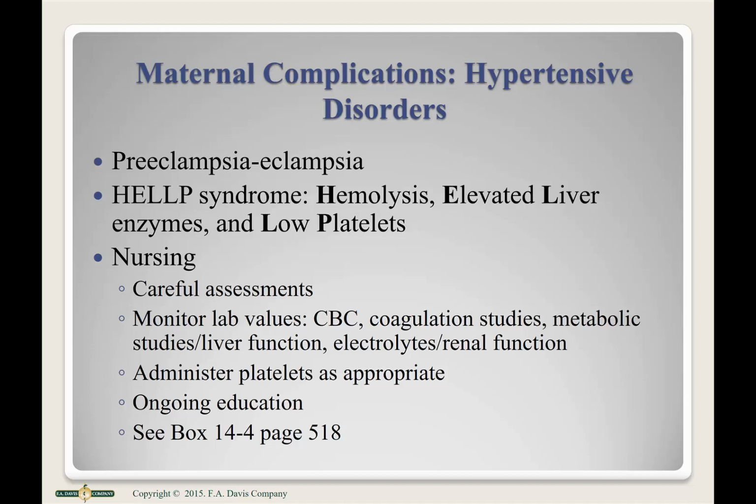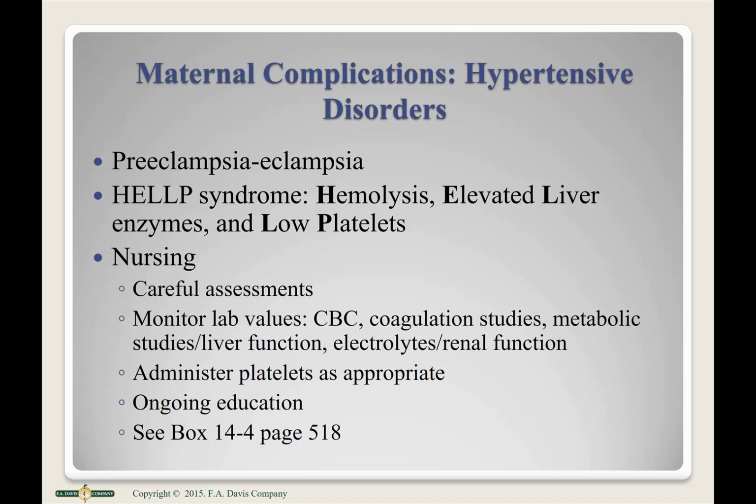So we have vascular damage, endothelial vascular damage, and vasospasm. When we have endothelial vascular damage, we have leaking of fluid into the interstitial space, so we have third spacing going on. And when we have vasospasms, that is contributing to our hypertension.